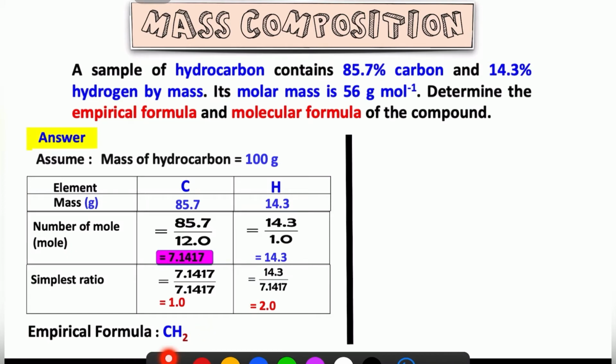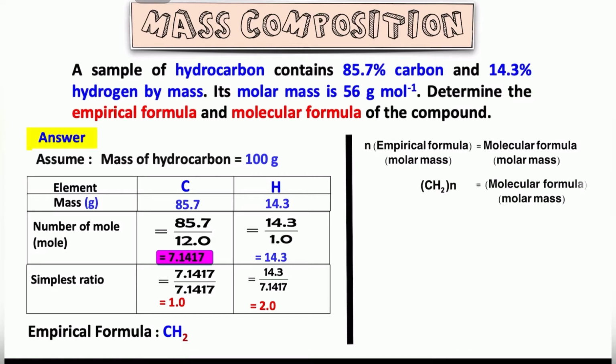Next, to calculate the molecular formula, we use this formula: the n times the molar mass of the empirical formula equals the molar mass of the molecular formula. So the empirical formula is CH2. You put it in the bracket and outside is the n, and then here is the molar mass of the molecular formula for the sample.